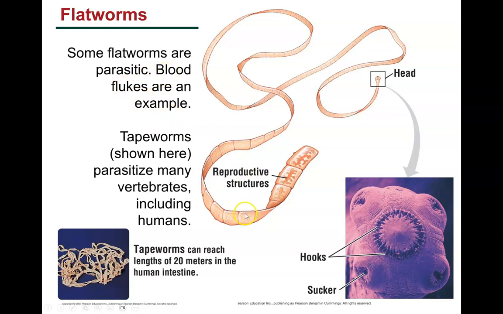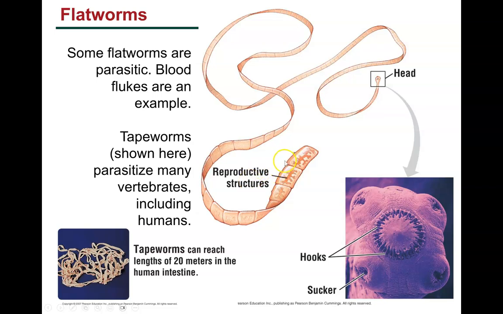This picture shows a tapeworm, and as you can see, it's actually very flat. If you've ever had horses in your life, I believe horses have to get medicine for tapeworms every year. So what happens is this head part has these hooks, and that gets stuck in your digestive tract, and then the tapeworm just continues to get bigger as it grows, and it makes these little segments.